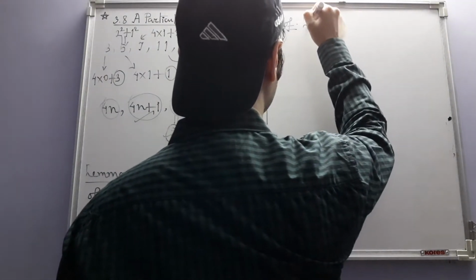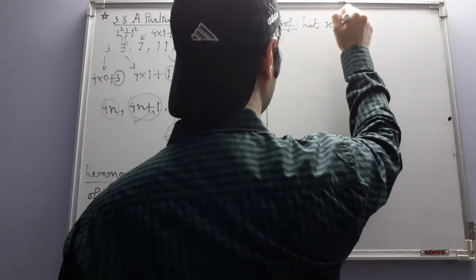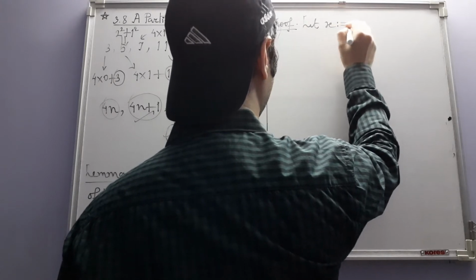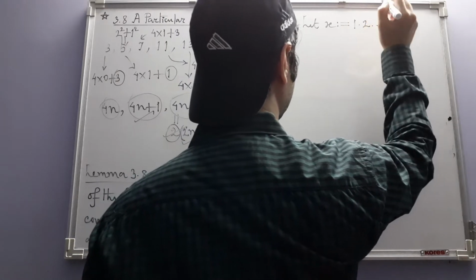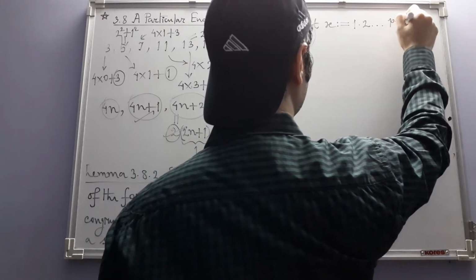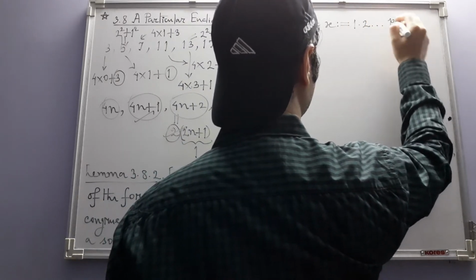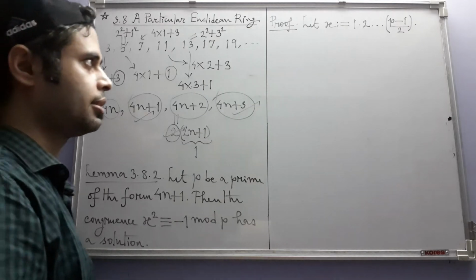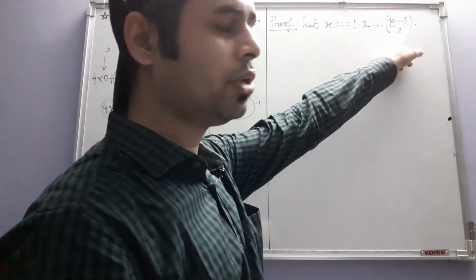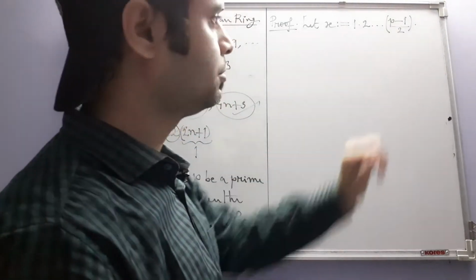Let x be this quantity, this product: 1, 2, 3, like that. You take all the factors up to p minus 1 divided by 2.